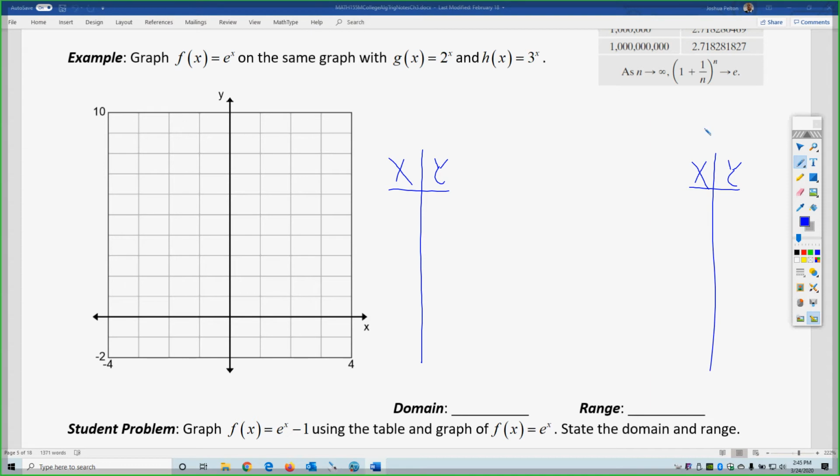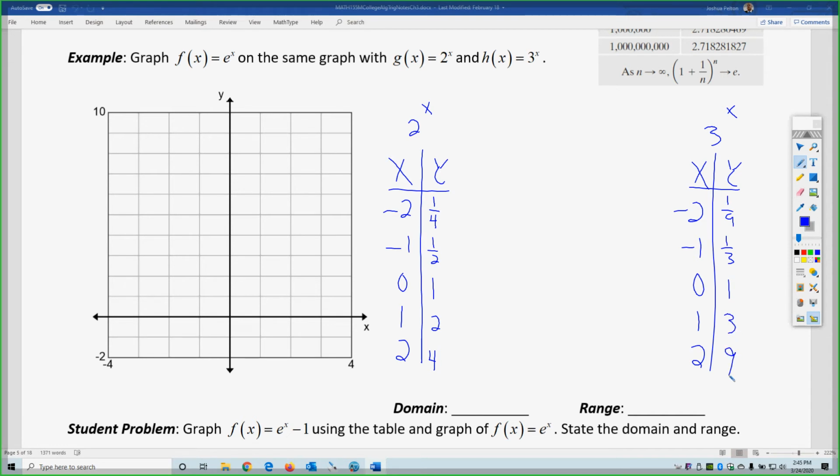This one will be 3 to the x, and this one will be 2 to the x, which we had done prior. If we do the standard table, what did we get prior? You plug in -2 to 2 to the x, you get a fourth, 1/2, 1, 2, 4. For 3 to the x, you get 1/9, 1/3, 1, 3, and 9.